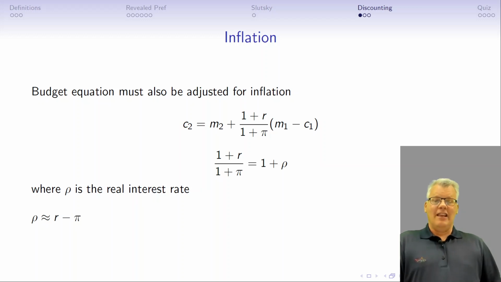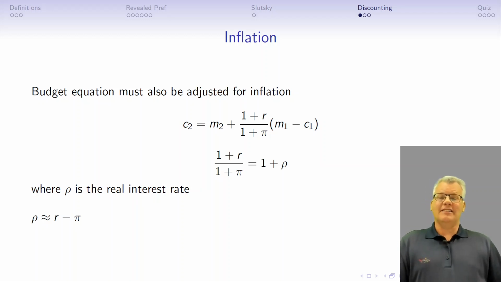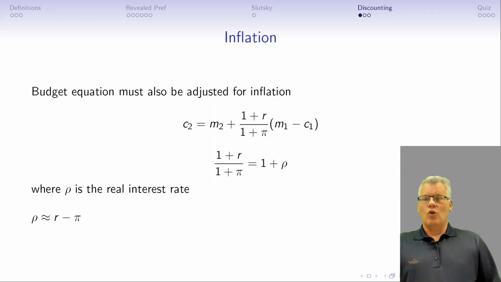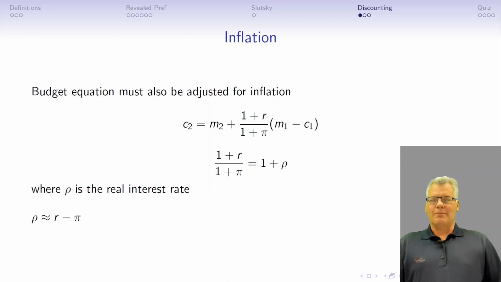What this means then is that (1 plus r) over (1 plus pi) is equal to 1 plus the real interest rate, rho. And oftentimes in introductory econ classes, the real interest rate, rho, is approximated as the nominal interest rate minus the rate of inflation.